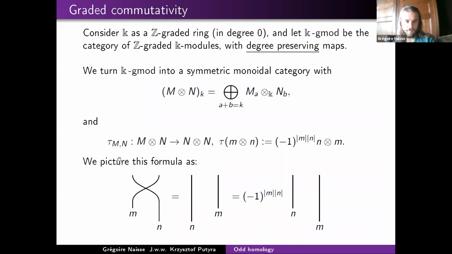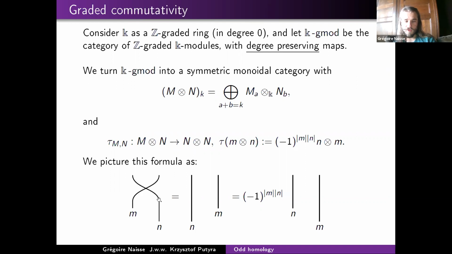The way we can picture this is whenever I look at a tensor product of two elements, m and n, I want to think about them with some kind of right and left convention. If you look at the bottom of this picture, this is the tensor product of m and n. Because n is on the right, it should be first, so it's at the bottom because I read from bottom to top. And then you have m. So this is m tensor n.